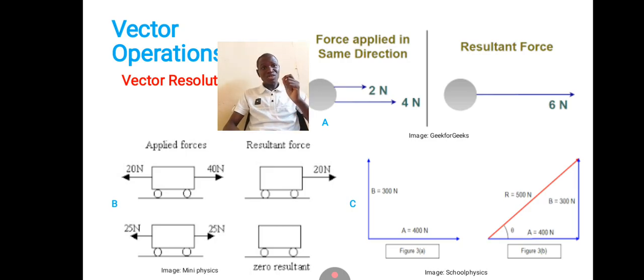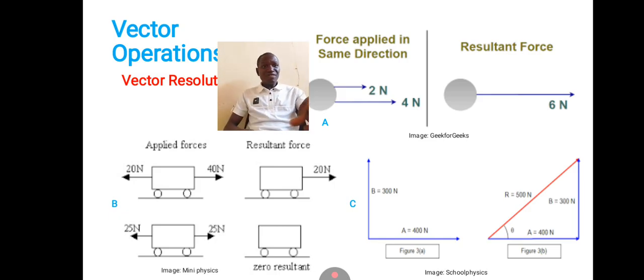To find it, you are just going to say hypotenuse square is equal to the adjacent square, then I'm going to show the calculation so you see it very well, then we have the opposite square. So this is the formula you will use.